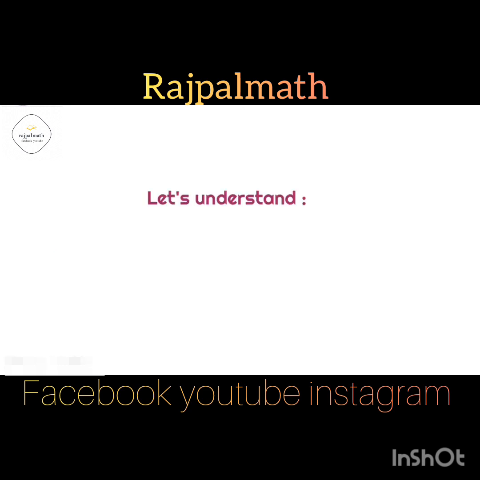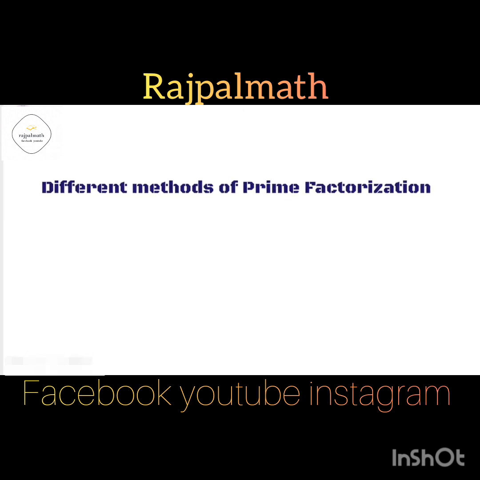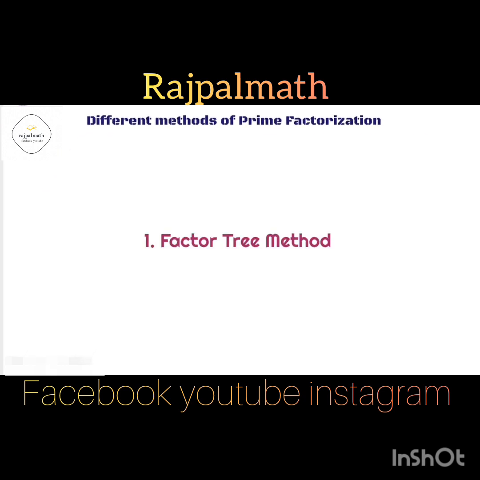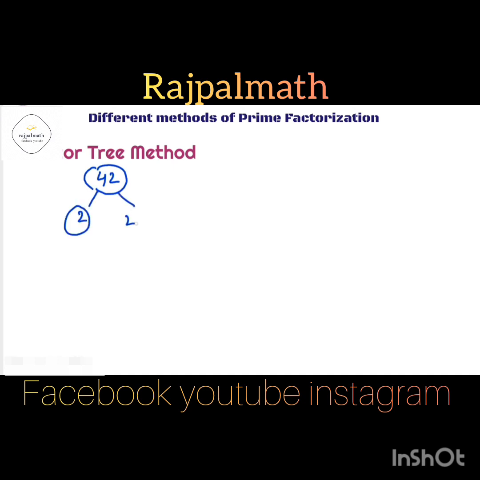Now let's understand the different ways to perform prime factorization. The first method is called the factor tree method. In this method we draw a tree structure to find the factors. Let's take the number 42. 42 has two factors, 2 and 21.